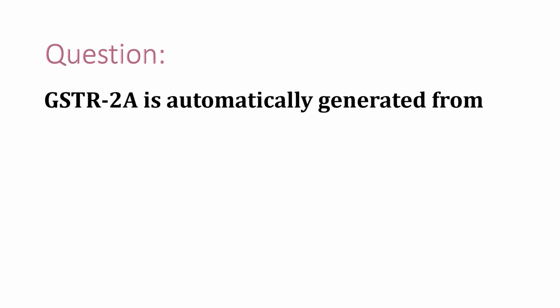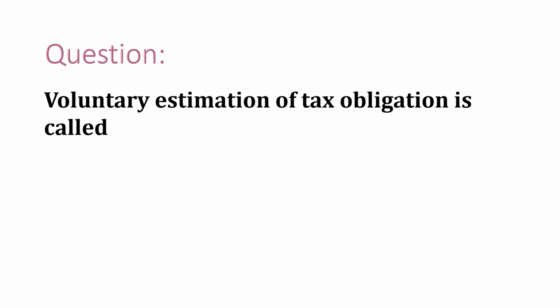GSTR 2A is automatically generated from where? The answer is GSTR 1. Voluntary estimation of tax obligation is called, this is a type of assessment. The answer is self-assessment.